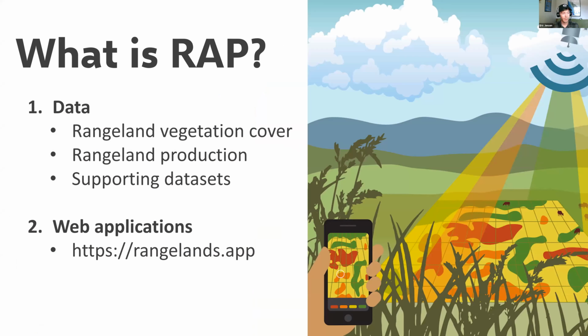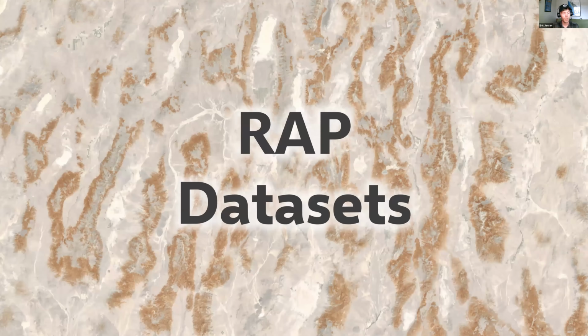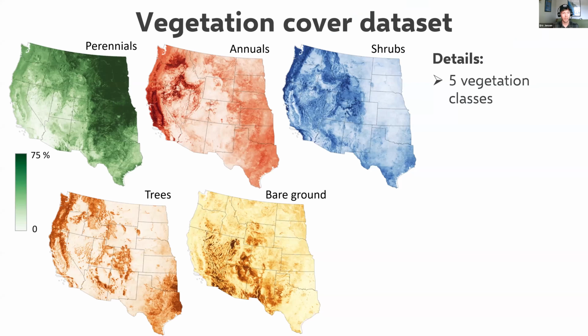And so that begs the question, what kind of data are we talking about here? So I want to introduce the data products that are available. And there are two primary data products. And I'm going to start by discussing the vegetation cover data set. And so the vegetation cover data set has 5 vegetation classes: perennial herbaceous, annual herbaceous, shrubs, trees, and bare ground.